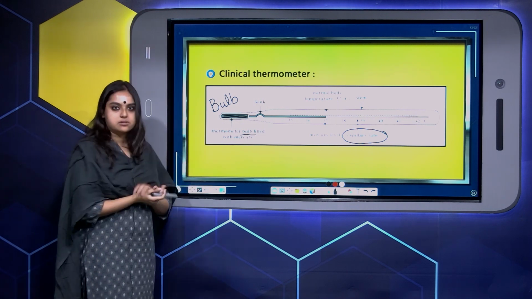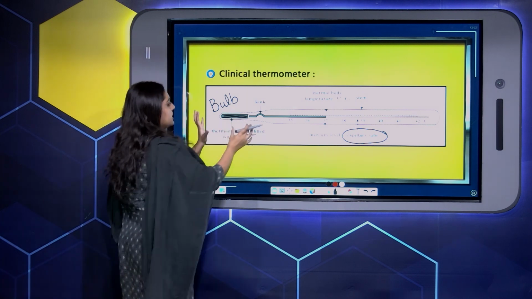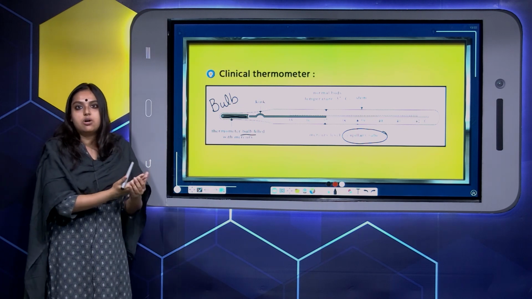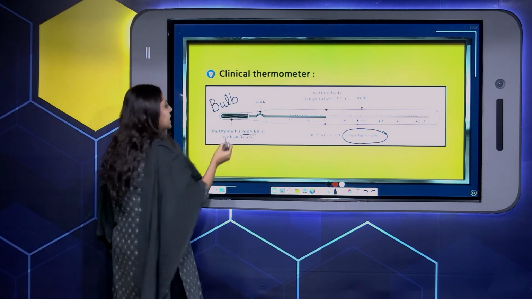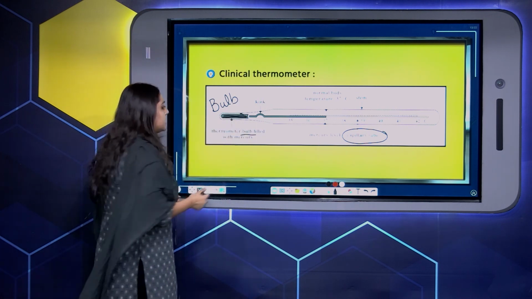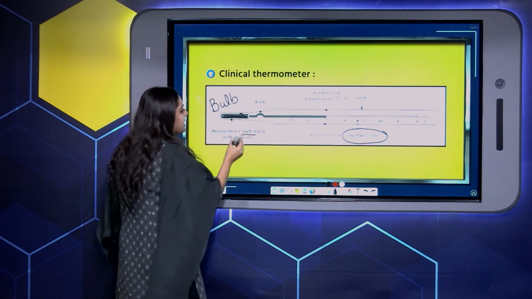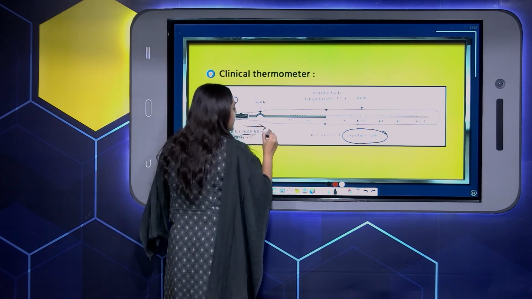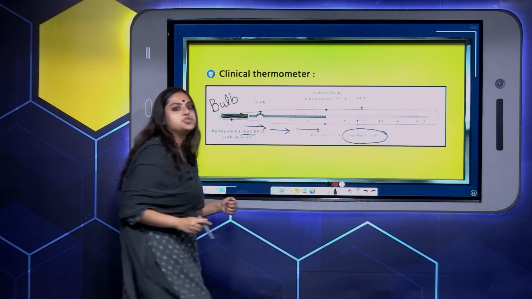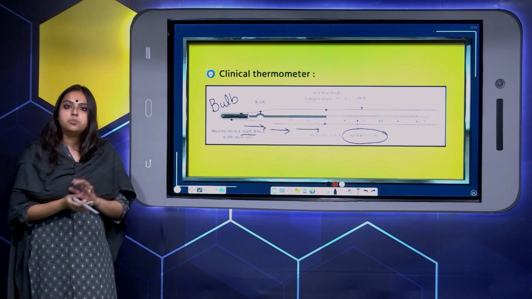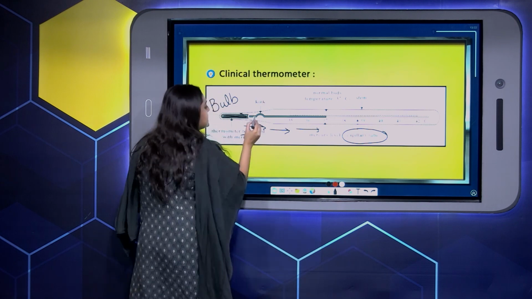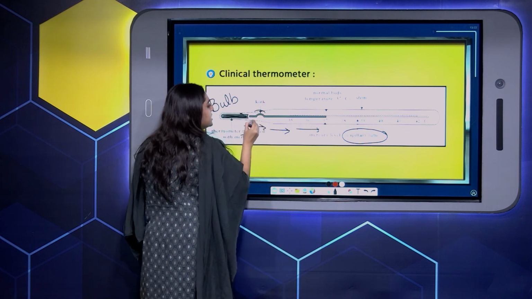What happens when this thermometer is put in contact with a body? Then the mercury inside the bulb expands and flows in this direction, and it comes to a point which denotes the temperature of your body, right? So you can see there is a curvature here.